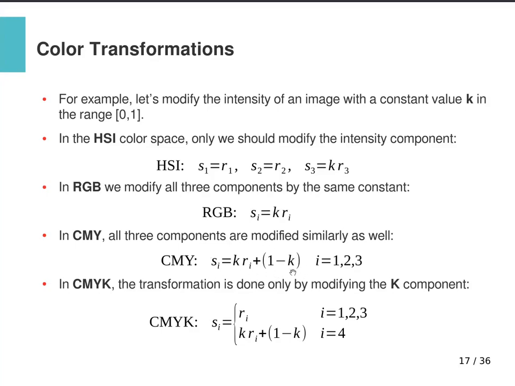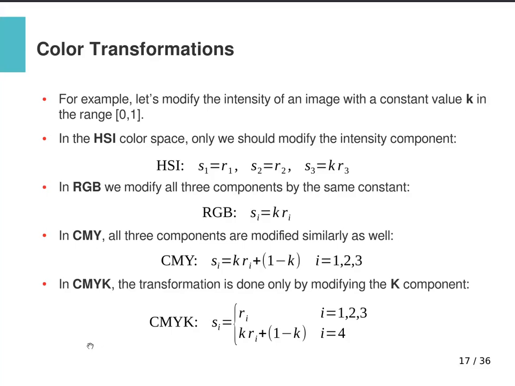So you can derive this simple equation on your own, but basically keep in mind that RGB works based on the primary colors of light. As we saw, they are additive, while CMY works based on the primary colors of pigments that are subtractive.